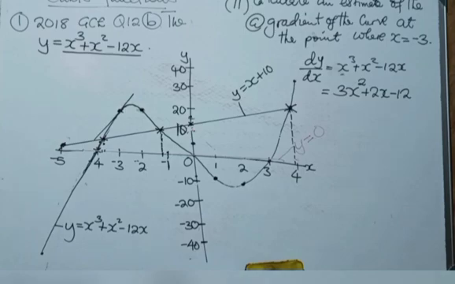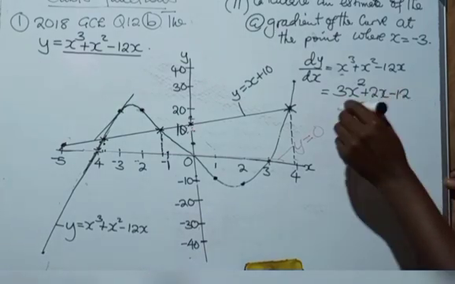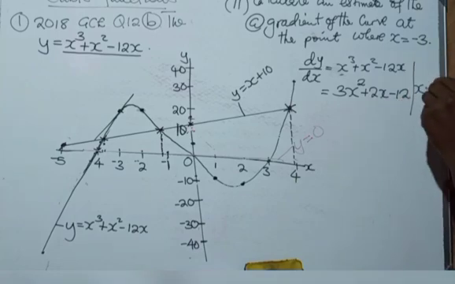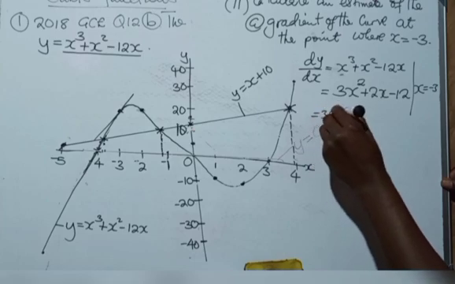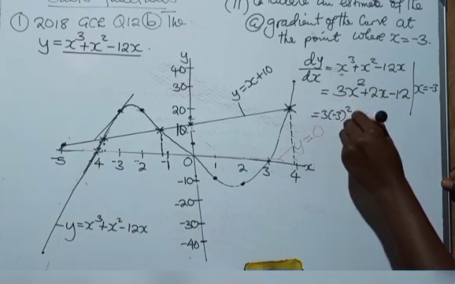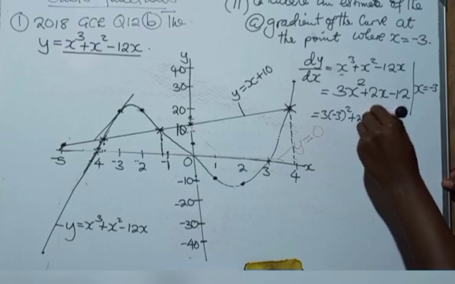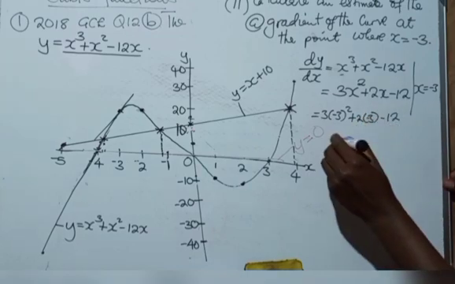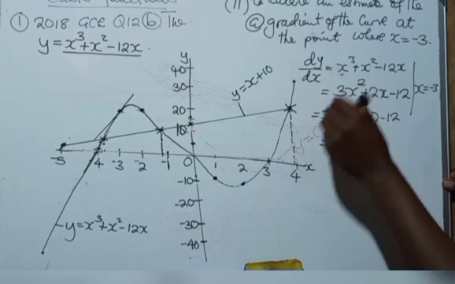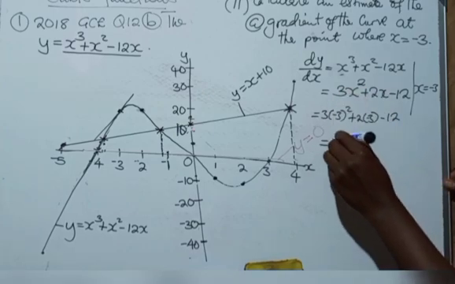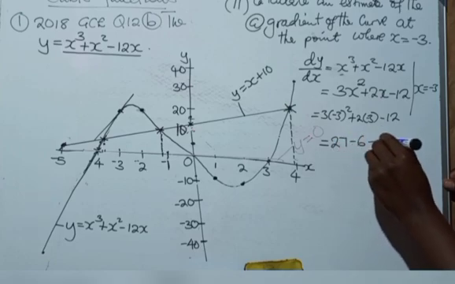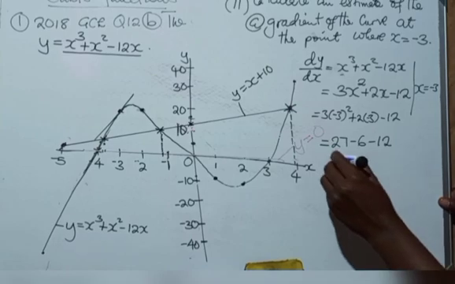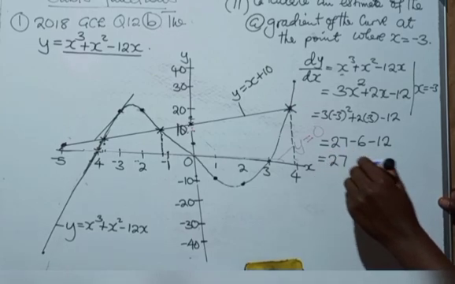I want to believe you have already gone through calculus. Now, after I differentiate it, where there is x, I will replace it with negative 3. So meaning I will have 3 open bracket negative 3 squared plus 2 times negative 3, then minus 12. That one is 9. 9 times 3, we are going to have 27 minus 6 minus 12. So this one we have 27.